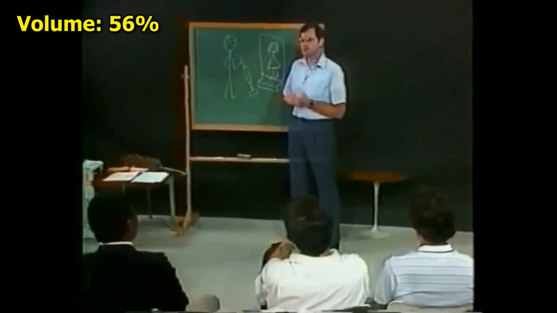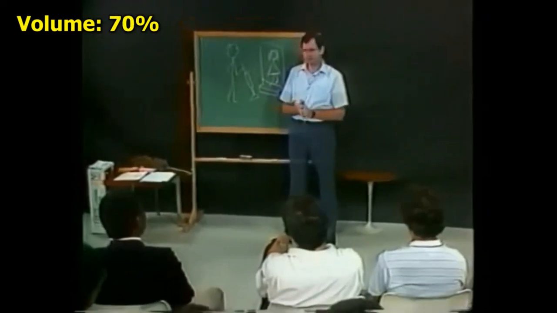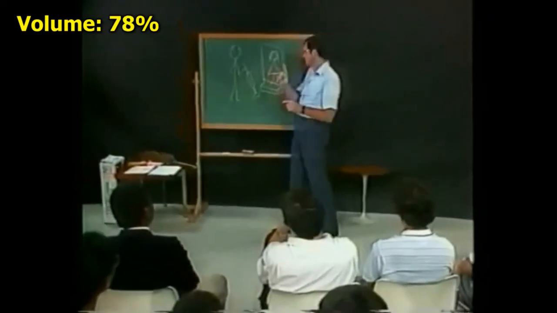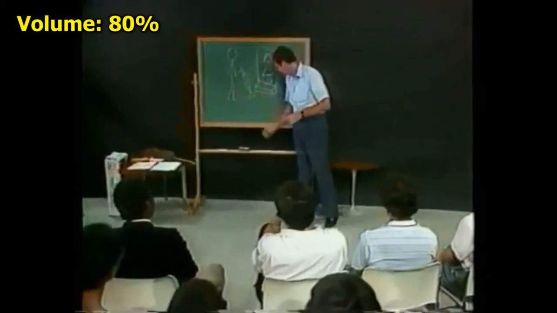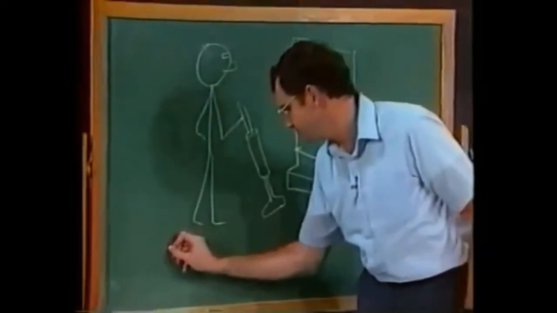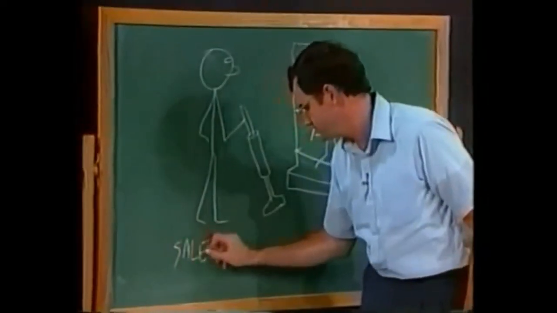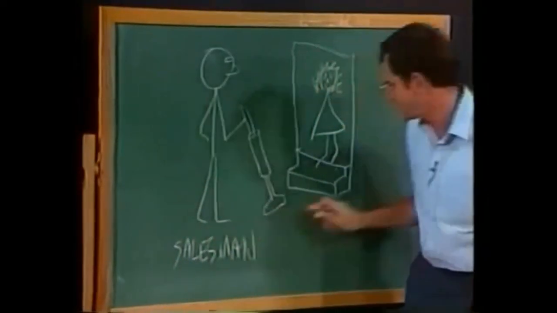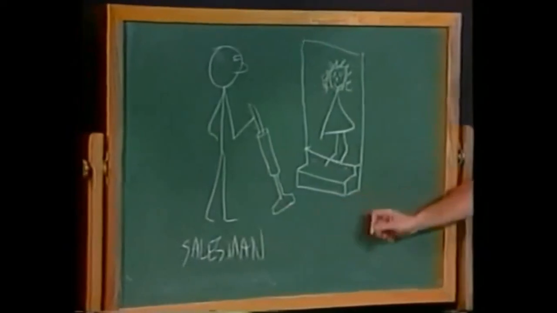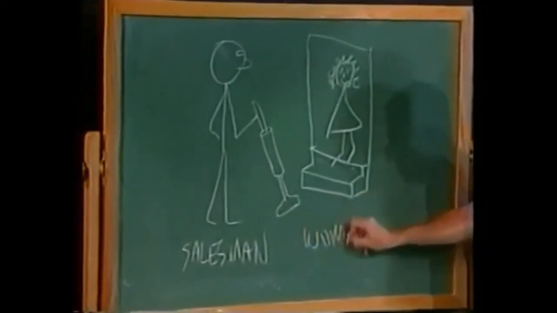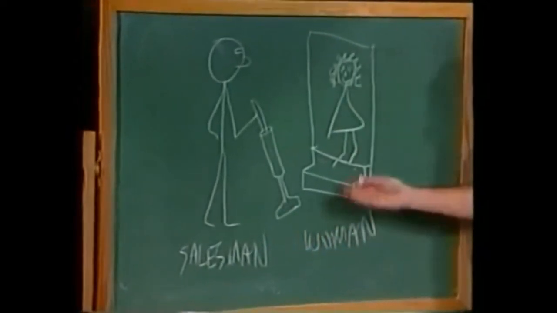Today the salesman is a vacuum cleaner salesman, and the other person is a woman, or we could call her a housewife.